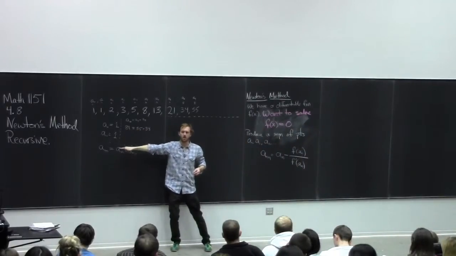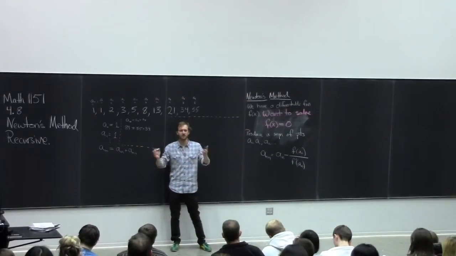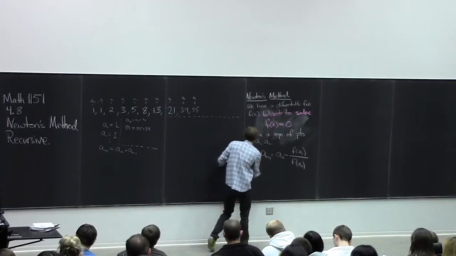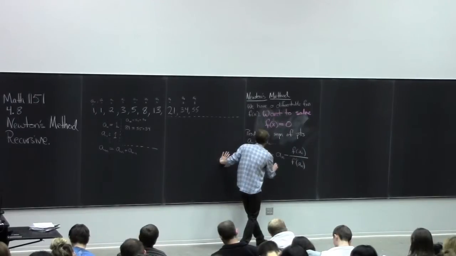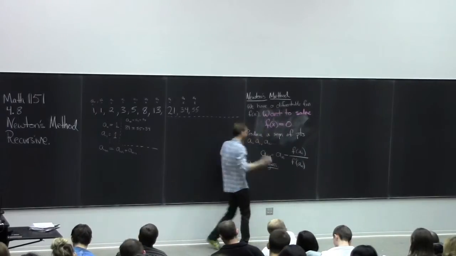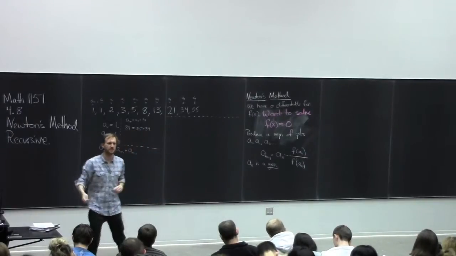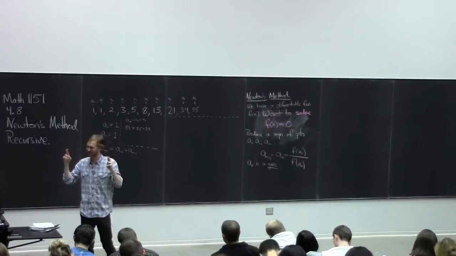So that you can work backwards. When you tell somebody a recursive formula, you've got to tell them a starting point. A0 is a guess. You just guess A0, and then you build your sequence. And you hope that it works.